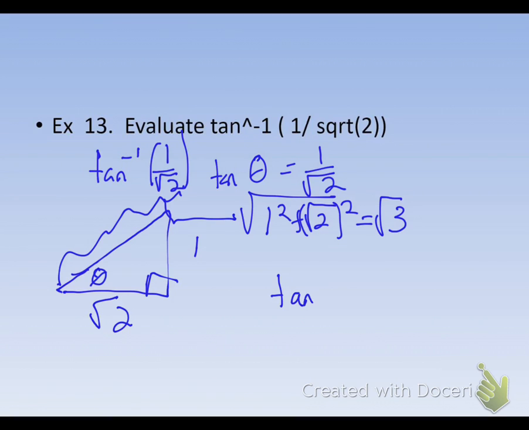I can put it into my calculator: tan inverse of 1 over the square root of 2. If you are in radians, what do you get? I asked, but I probably won't be able to hear you. So I'm going to give you a second to put it into your calculator, see what you get. And then I'm going to have us do it in degrees as well.